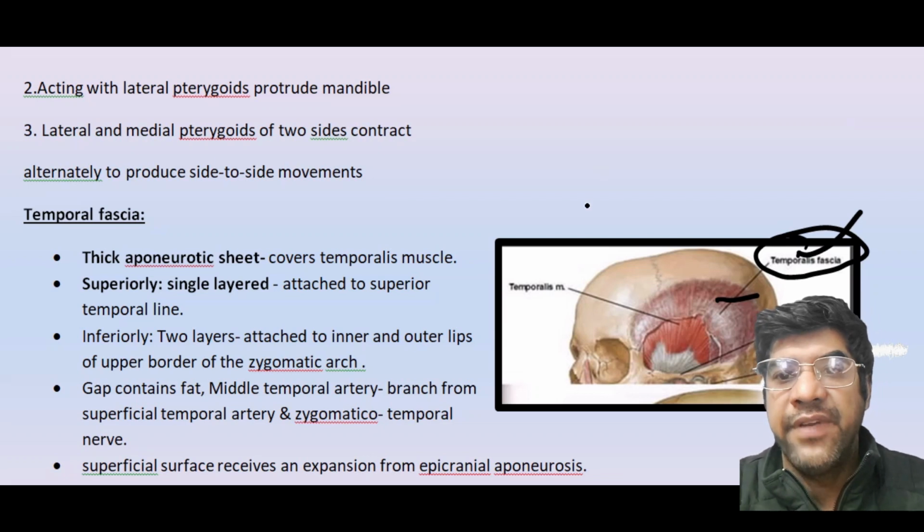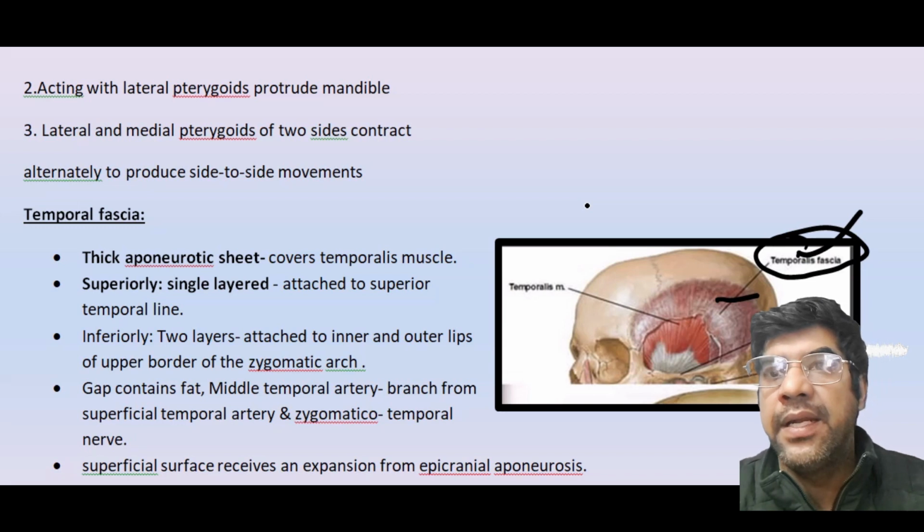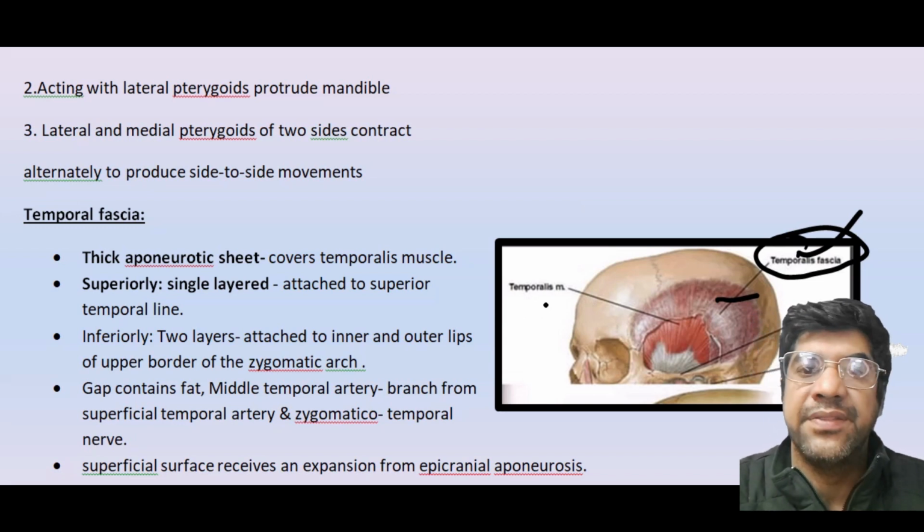So the temporal fascia, we know it's a thick sheet, it roofs the temporal fossa, providing support and covers the temporalis muscle. So remember, superiorly the fascia is single layered and attached to the superior temporal line that provides a stable connection to the superior part of the skull.